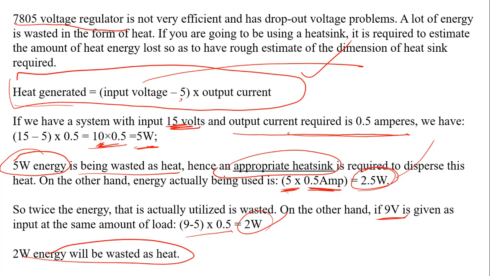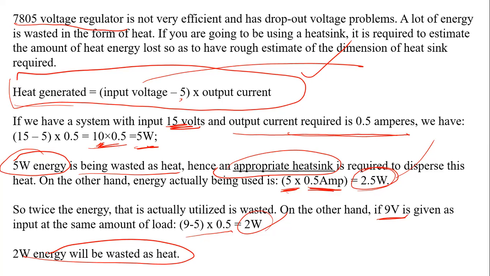So in a way, this IC7805 does not have any means to convert such excess voltage into usable voltage. So it is not a very efficient IC when you are considering efficiency of usage of your electrical power. Okay, so it will just dissipate as heat whatever excess voltage you are giving.